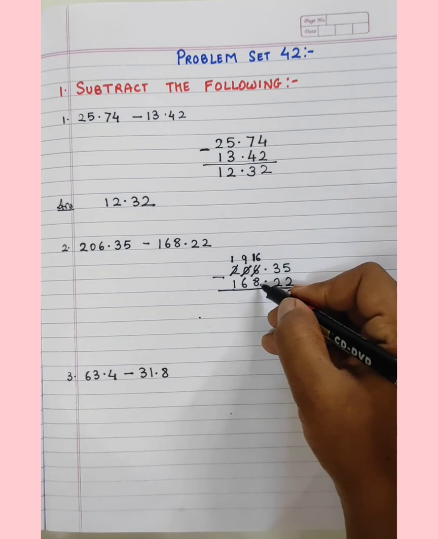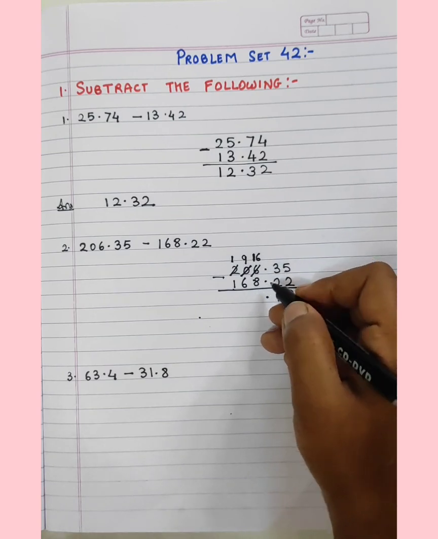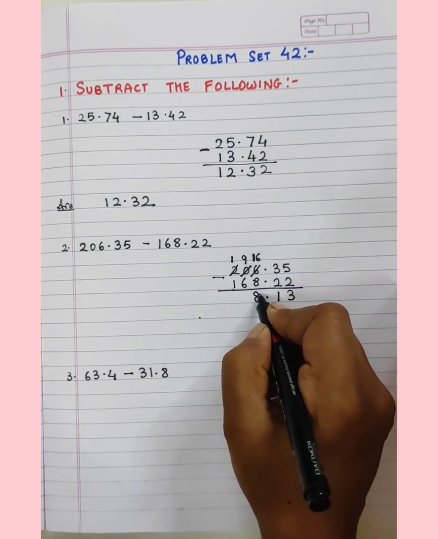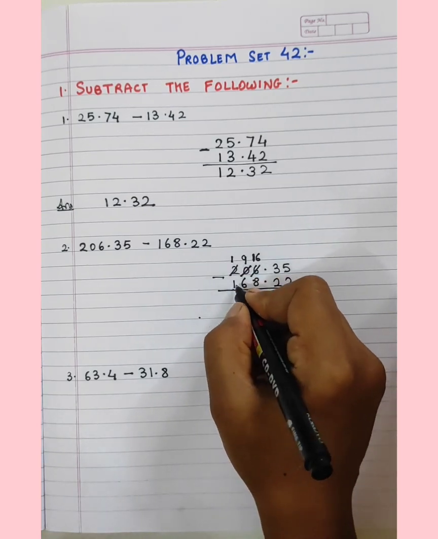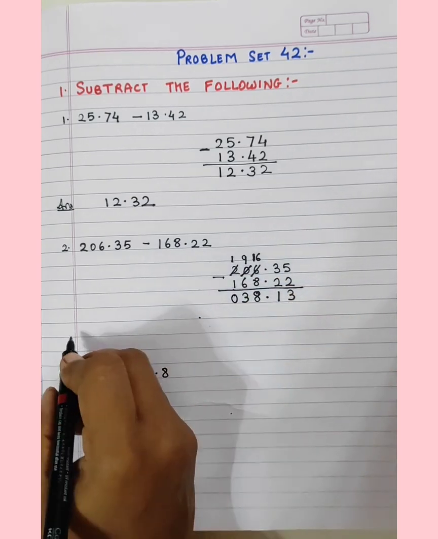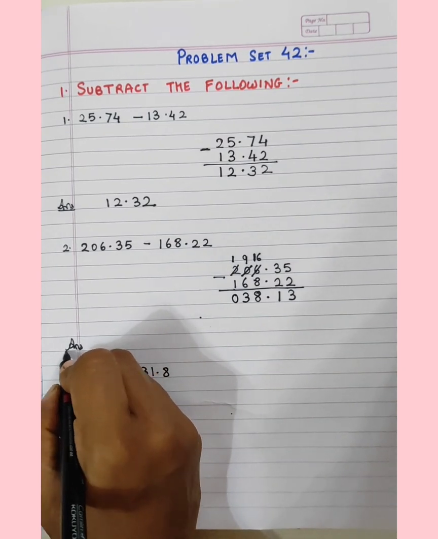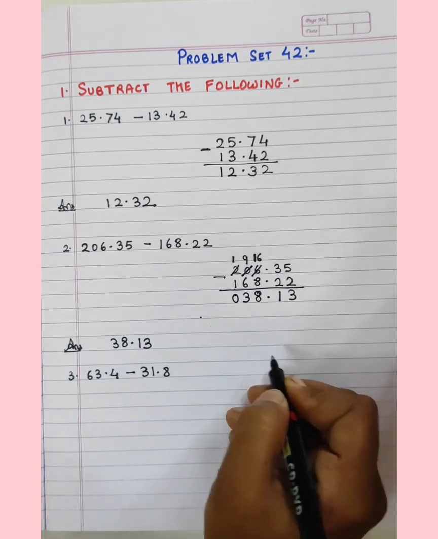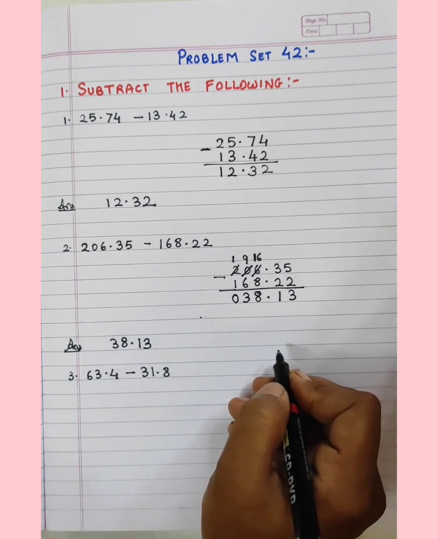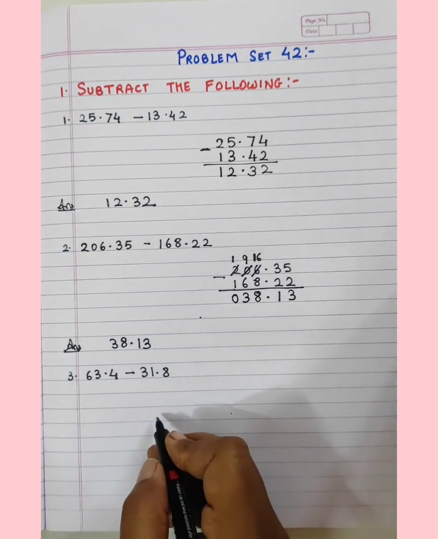Now we can subtract 8 from 16. Yes. So we will get the answer as 8. 9 minus 6 is 3 and 1 minus 1 is 0. So our final answer is 38.13. Understood, children?